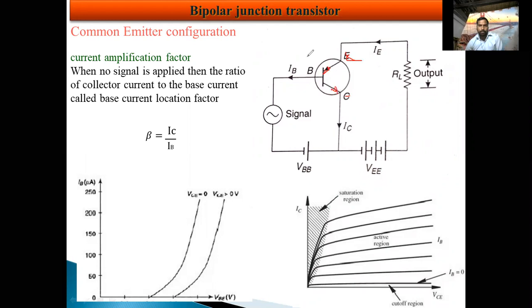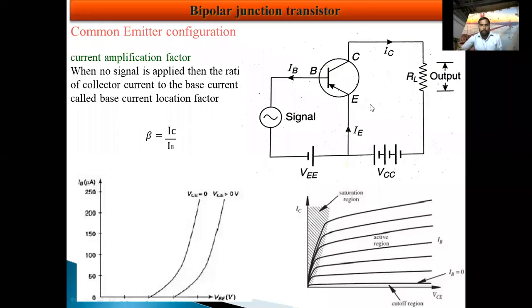See the figure, this is the common emitter for the input and output of a transistor. Now this is earthed. VBE is the biasing voltage, VCC is the biasing signal. Now IB is in microamperes, not milliamperes.